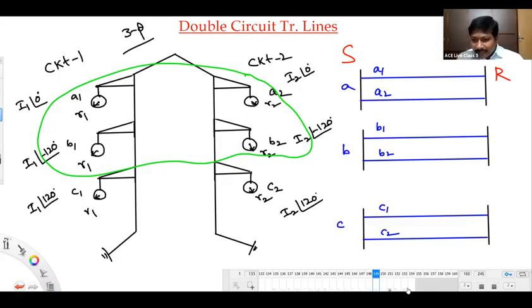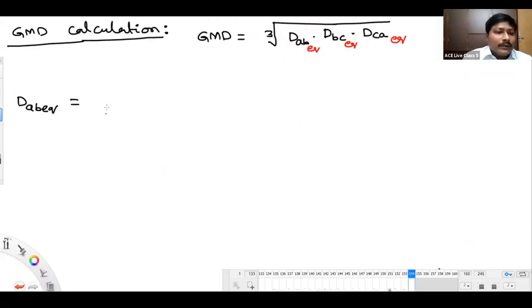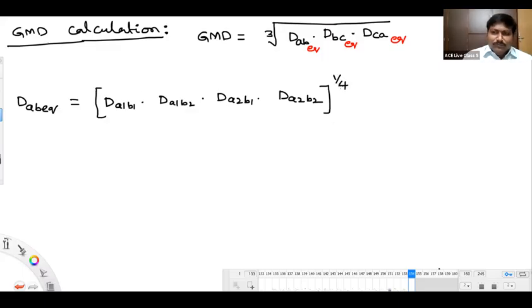So I'm writing it: A1 B1 gap, A1 B2 gap, A2 B1 gap, A2 B2 gap, whole power 1 by 4. That's the DAB equivalent.